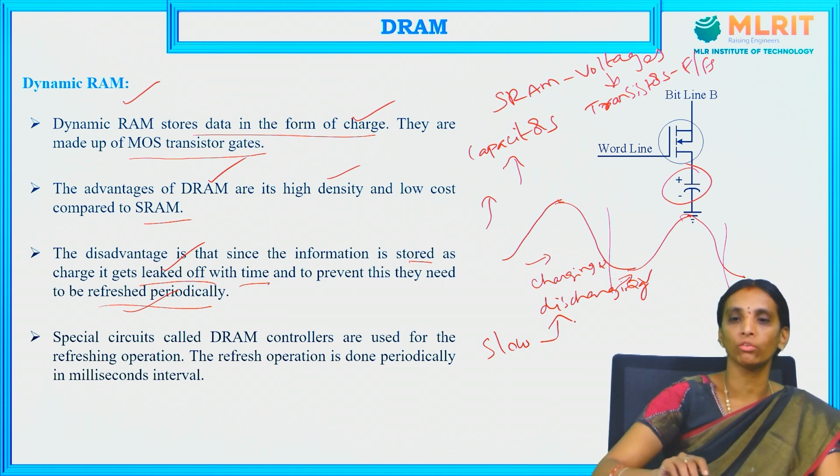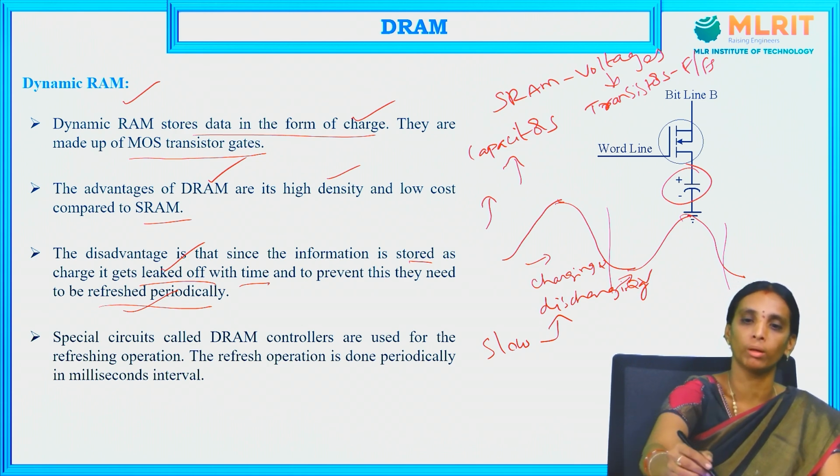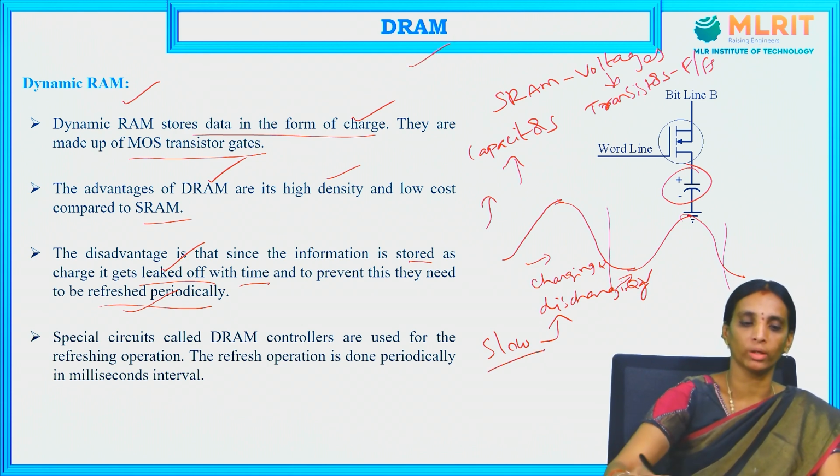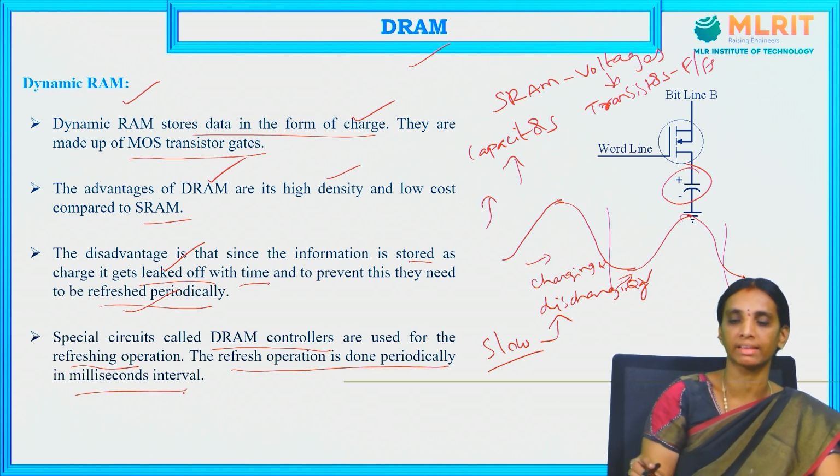So the circuits used in DRAM operate slowly, so the time required for storing the data into this memory will be very slow. Special circuits called DRAM controllers are used for the refreshing operation. The refreshing operation is done periodically at millisecond intervals.